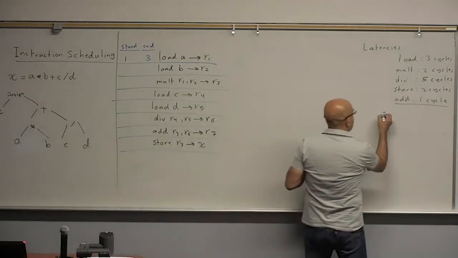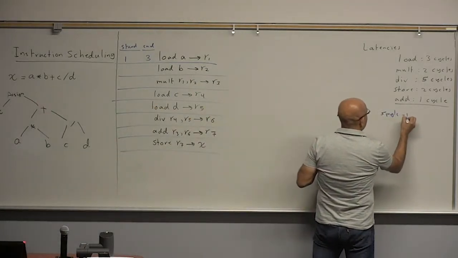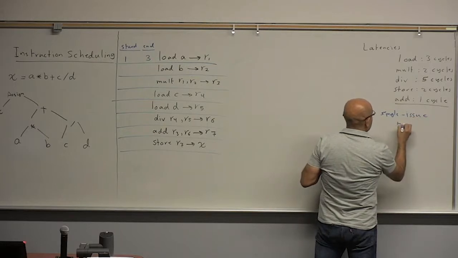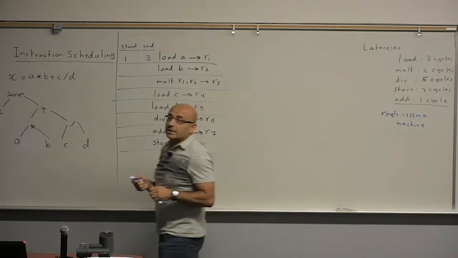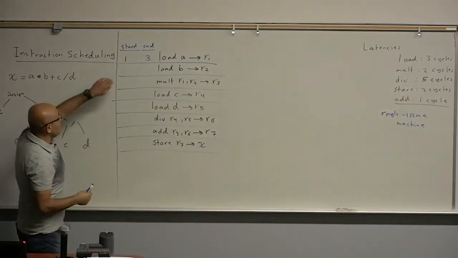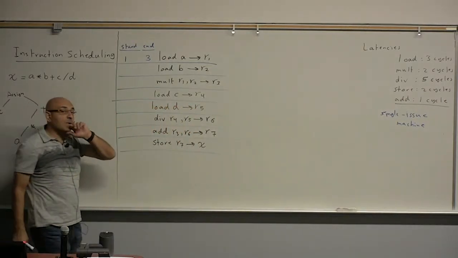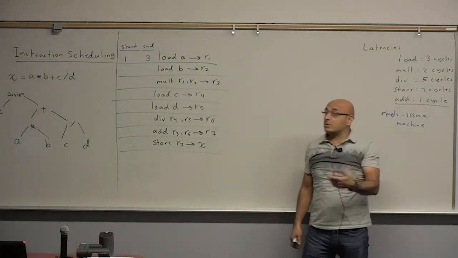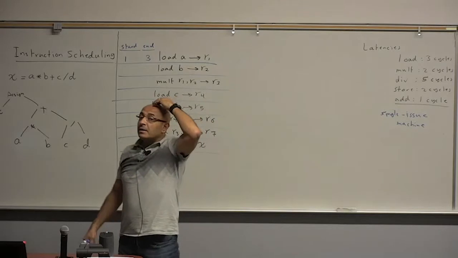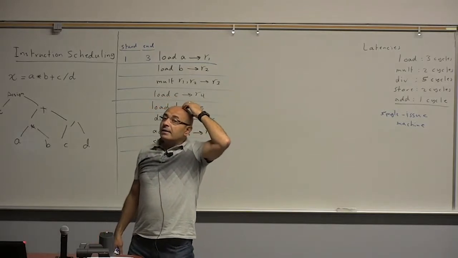We are assuming a single issue machine where in each cycle we can start a new instruction, but assuming what? It's ready. The instruction is independent of the previous instruction.